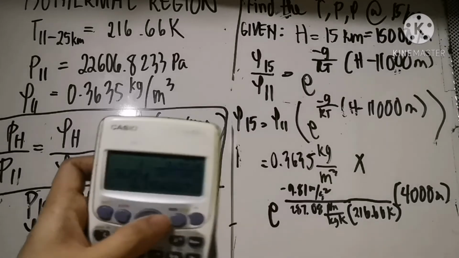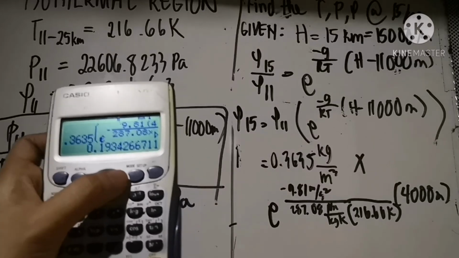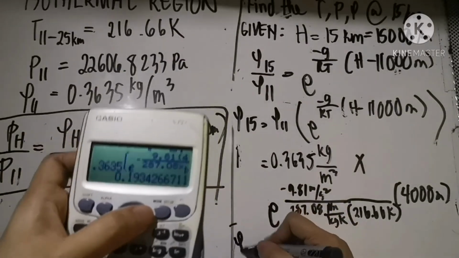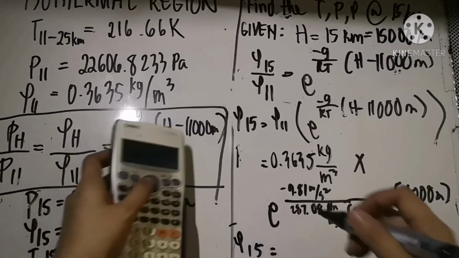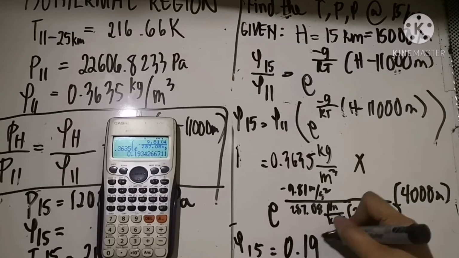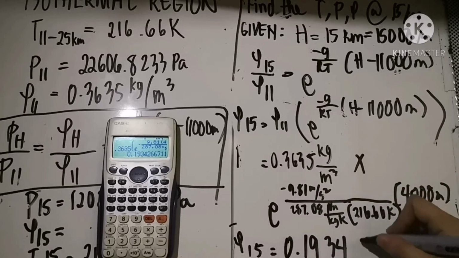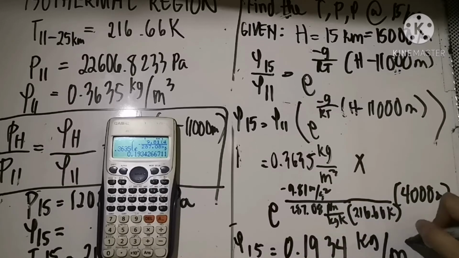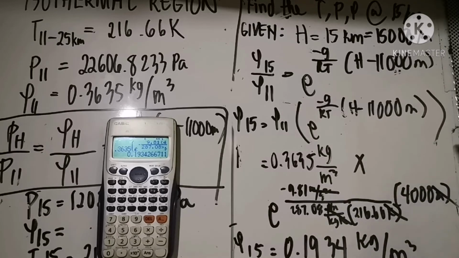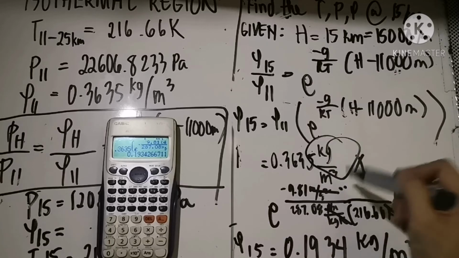So, your density at 15 kilometers is equal to 0.1934 kilogram per meter cubed, since all the units cancel and only kilogram per meter cubed remains.